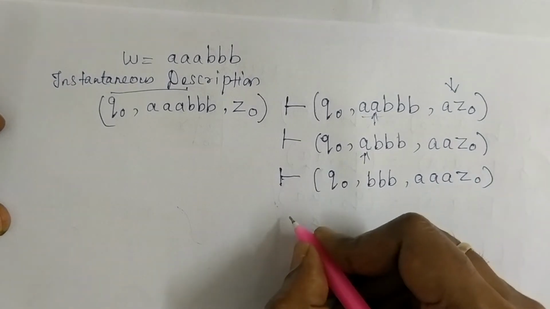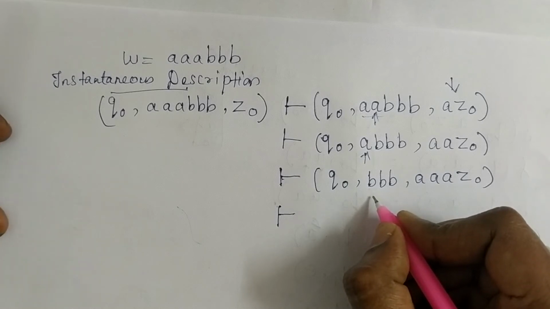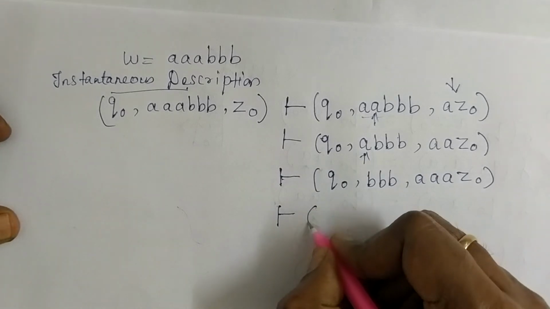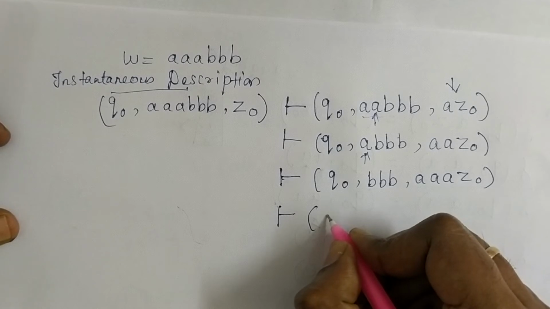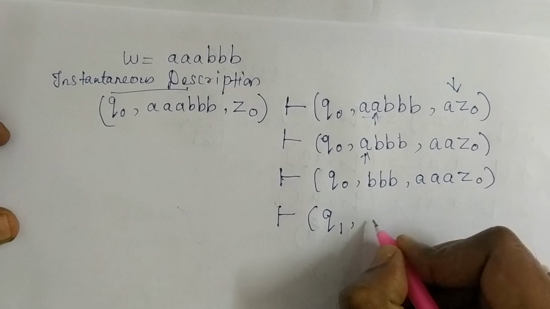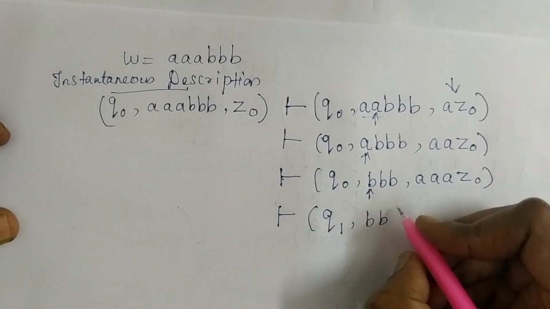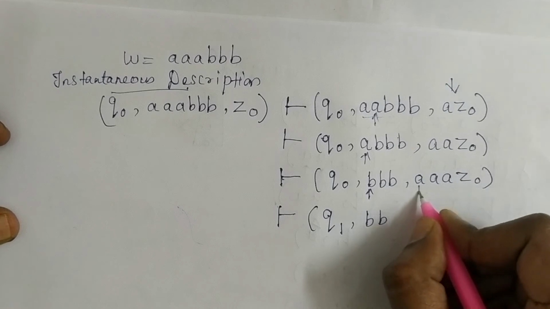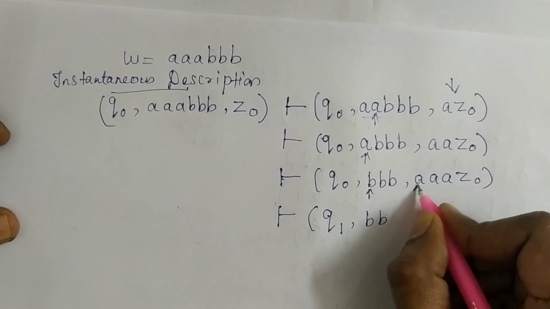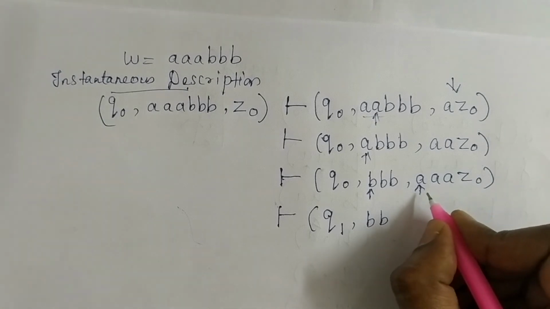Now we know that while seeing a b, we are going to pop an a from the stack, right? Also we are changing the state. We are going to another state while reading this b: q1 bb. We are reading this b, so we are going to pop one a from the stack. We know that last in, first out is the stack operation.